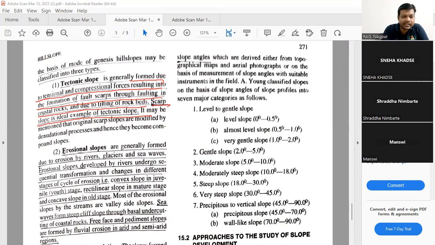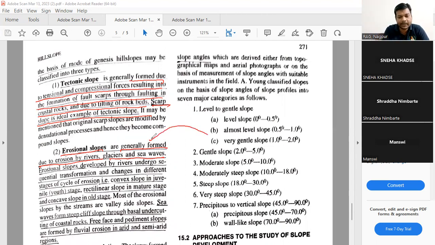Next is erosional slope. They are generally formed due to erosion by rivers, glaciers, and sea waves. Suppose a large hill was present, but its slope was not that steep. Due to erosion, some surface has been removed.